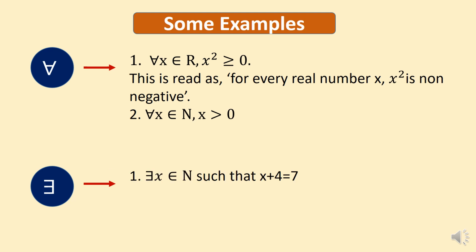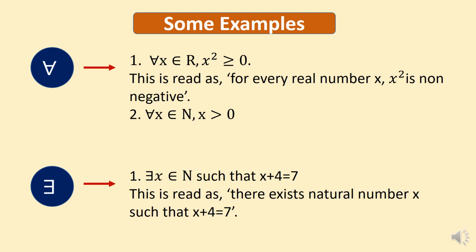The second one, existential quantifier. Now the first example over here, the symbol means there exists. So there exists x belongs to N, such that x plus 4 is equal to 7. That means there is some natural number, not all natural numbers, but some natural number, such that when you add 4 to it, you get 7. In your mind, you already know that this natural number is nothing but 3.